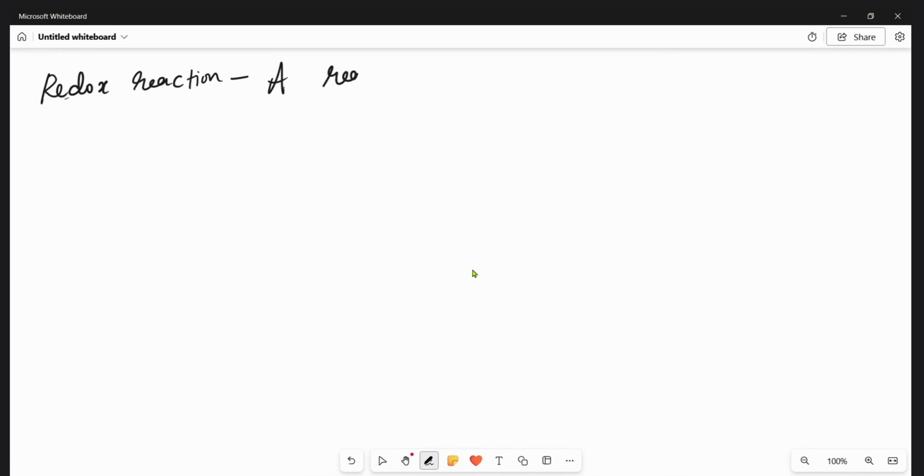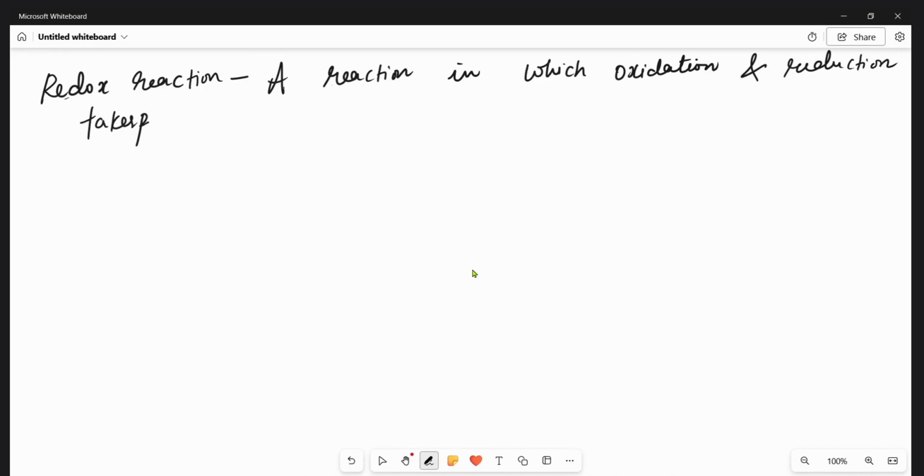A reaction in which oxidation and reduction take place is called a redox reaction.